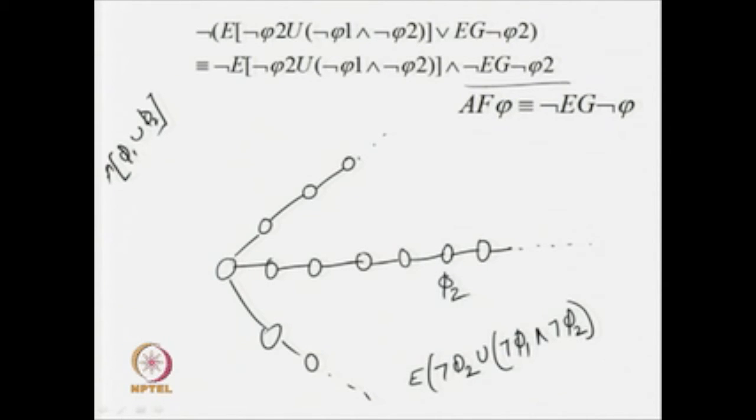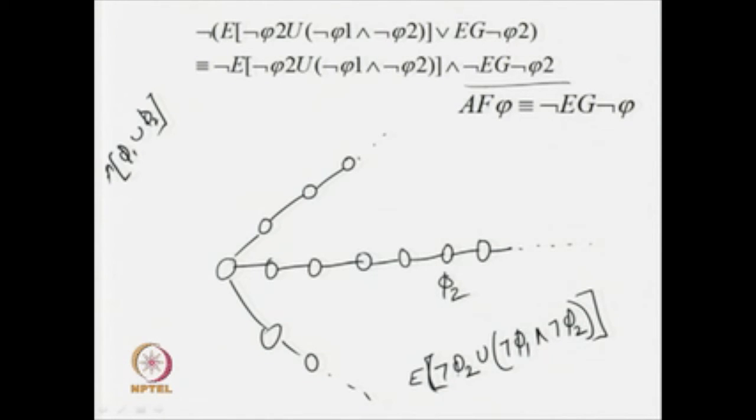Okay. So, we have this particular formula and it says that it must not be true in this particular path, because I have this particular negation. So, we are going to see this particular formula. What it says is that not of phi 1 and not of phi 2 is true at some state, and till that point we should have not of phi 2. Okay.